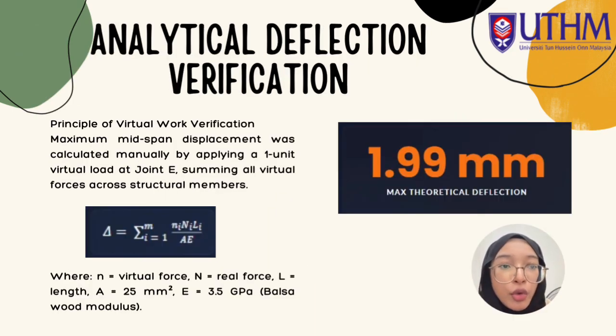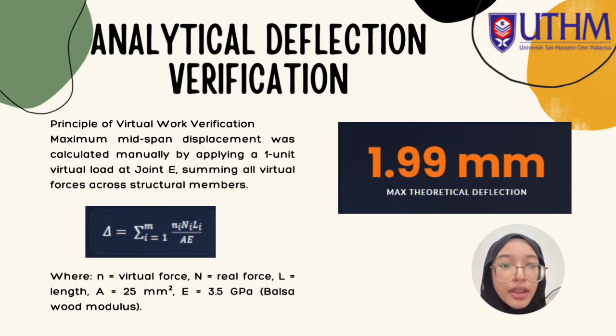After completing the computer analysis, we verify the result using a manual calculation based on the principle of virtual work. In this method, we apply a unit virtual load at joint E, which is located at midspan of the bridge. We then calculate the contribution of every member using the virtual work equation to determine the maximum deflection.